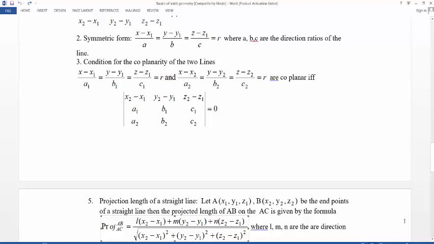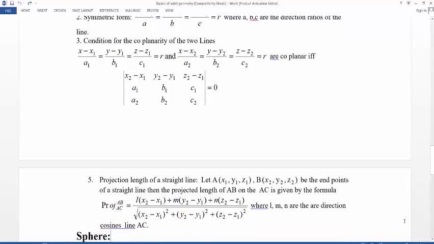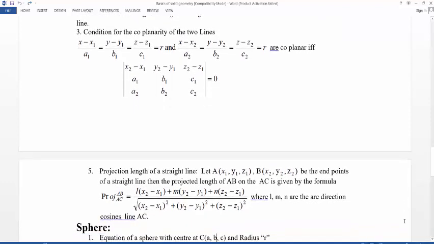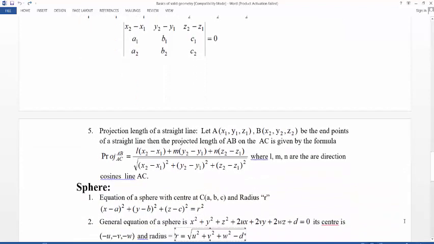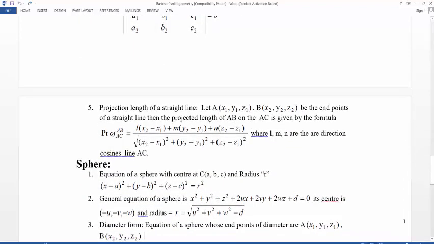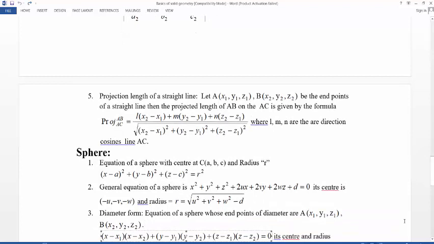We skip this point, condition of coplanarity, as that is not so important for our syllabus. Projection, this is also important. Projection length of straight line. Let A having coordinates x1, y1, z1 and B having coordinates x2, y2, z2 be the end points of a straight line.